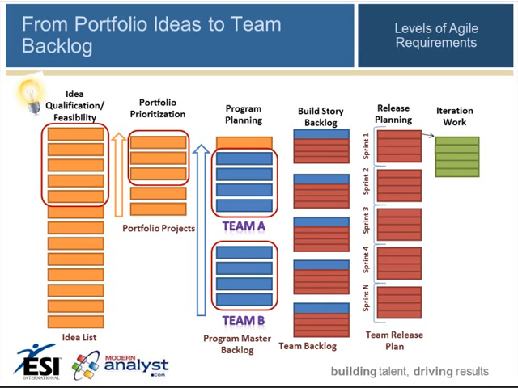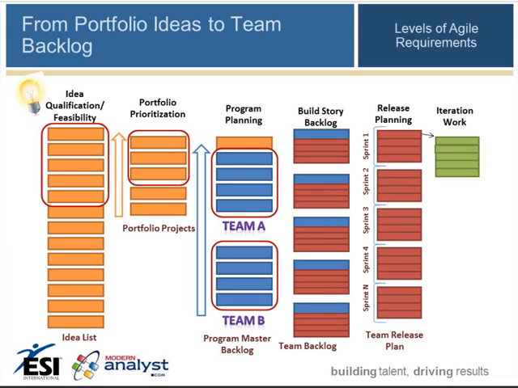In the case of the idea qualification phase, we're looking at the top 5 or so migrating their way into becoming the top 5 projects. And of those top projects, we are looking at Team A and Team B, or Project A and Project B, launching on the project level planning for 2 detailed projects.